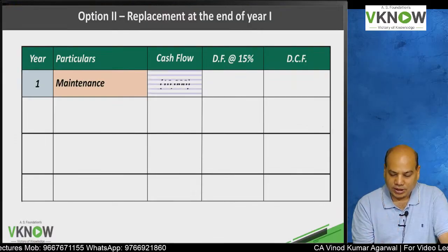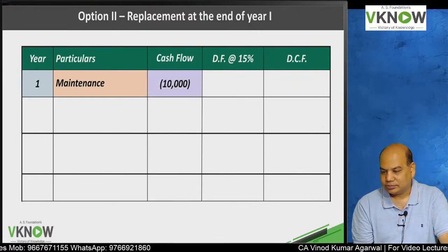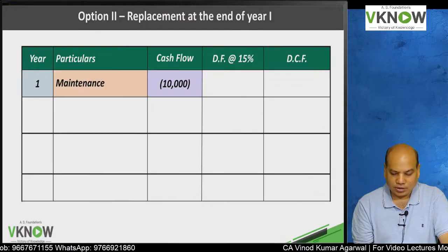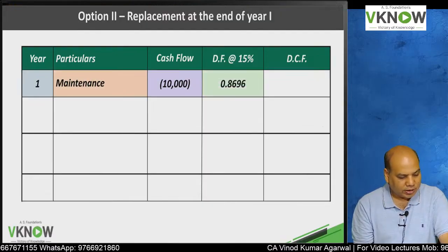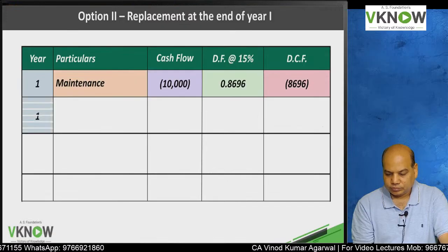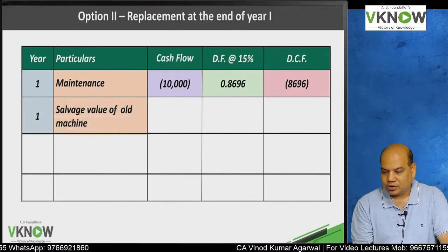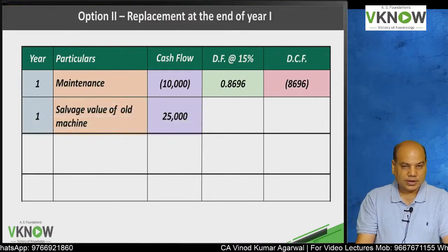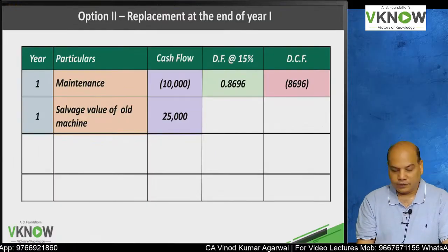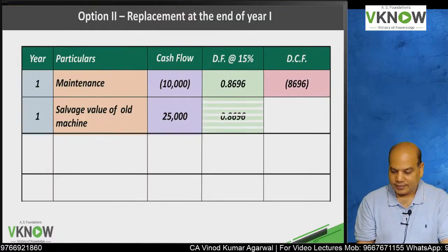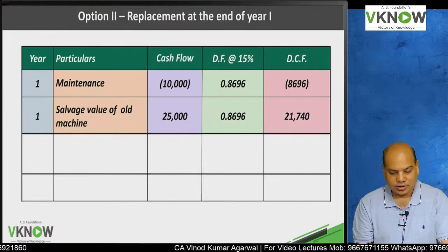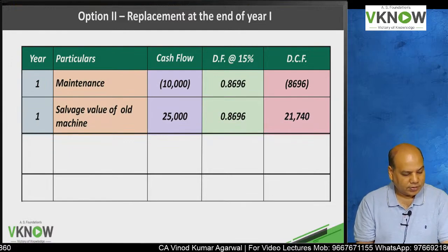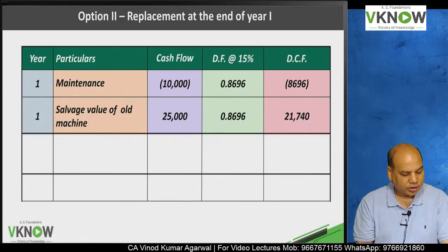Maintenance cost 10,000. Can you see maintenance 10,000? And you will get salvage value 25,000. The factor is 0.8696.